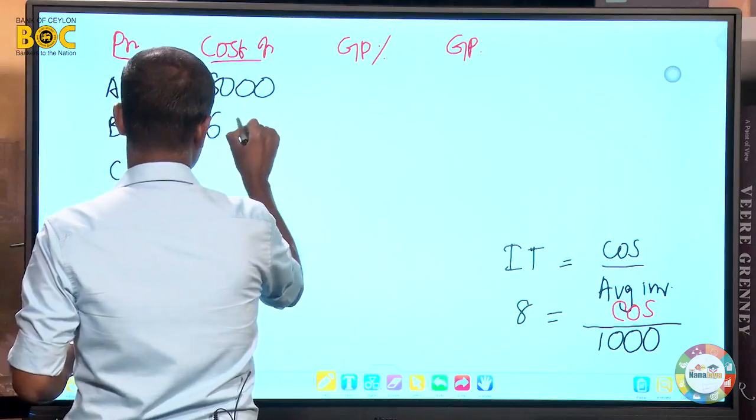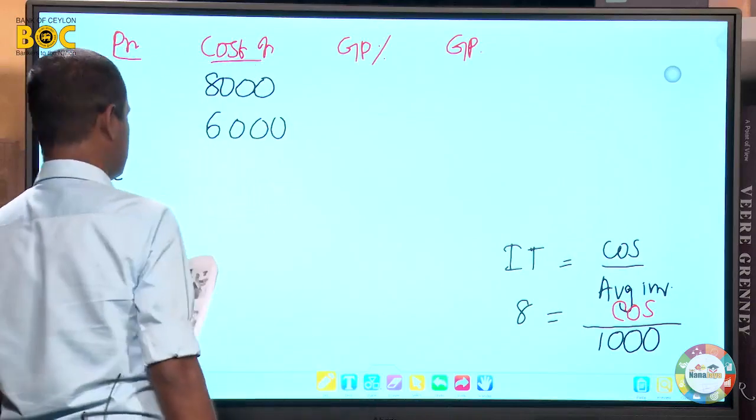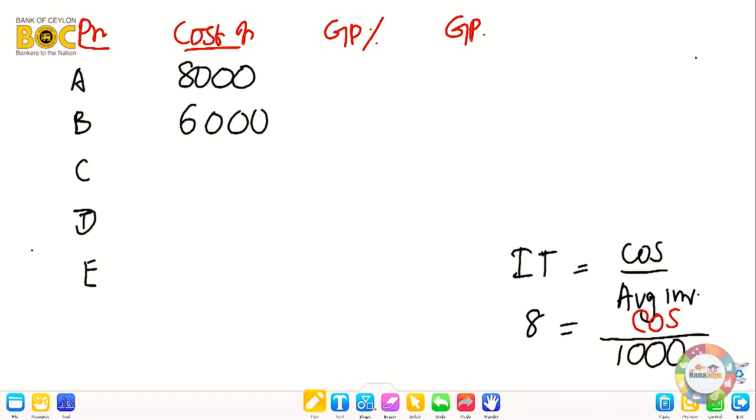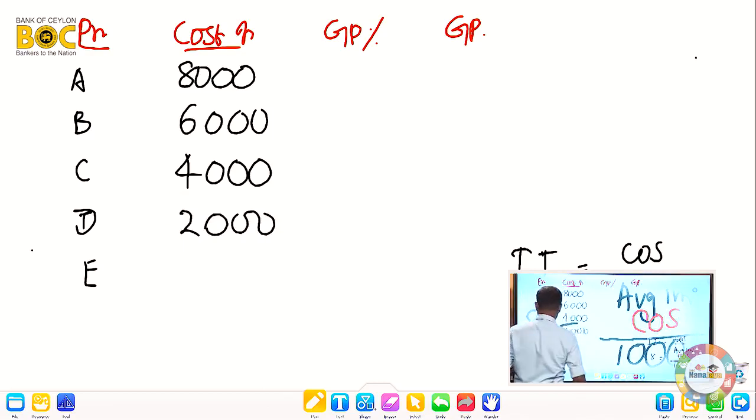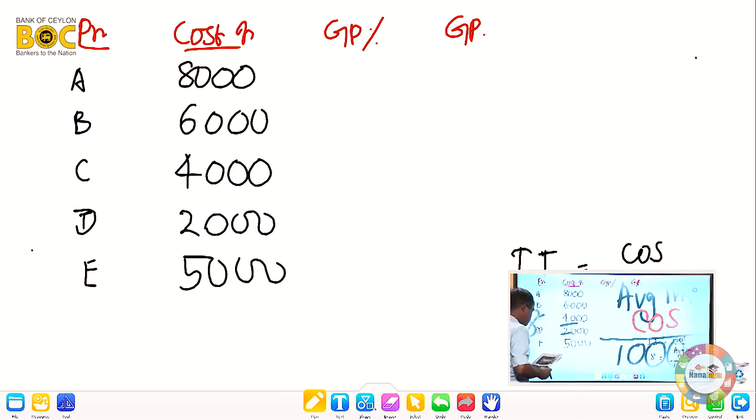Now the cost of sales is 8,000, 6,000, 4,000, 2,000 and 5,000.